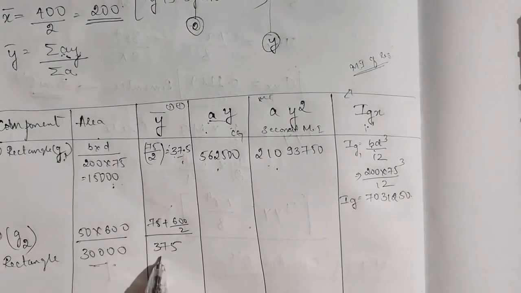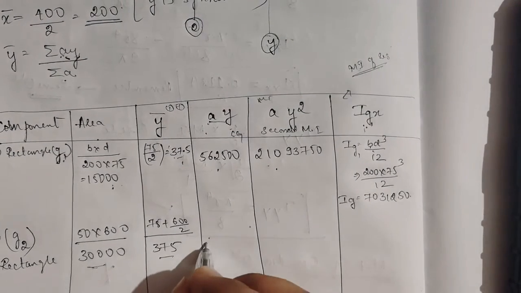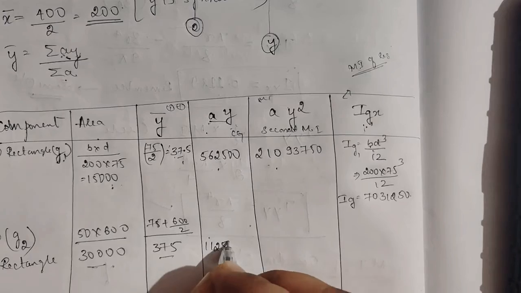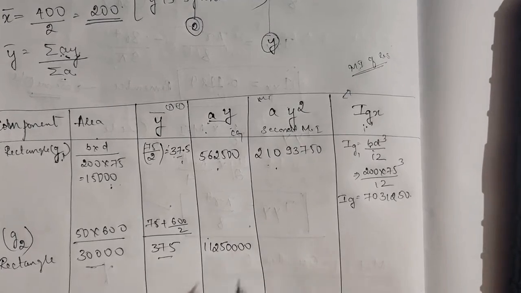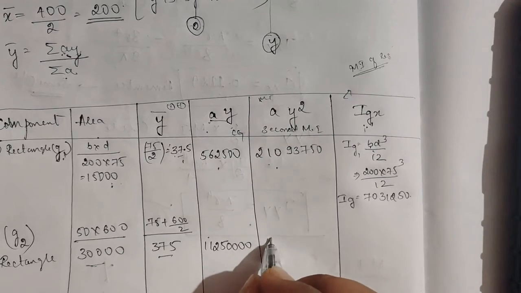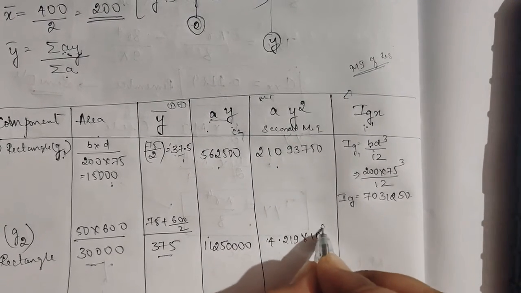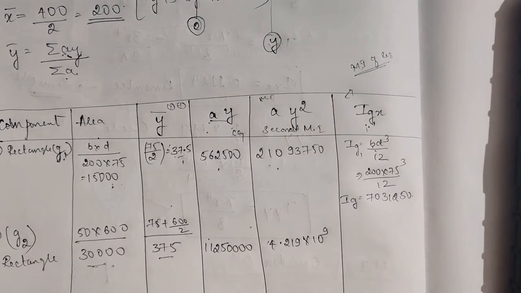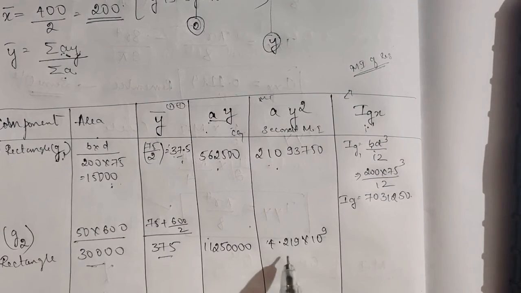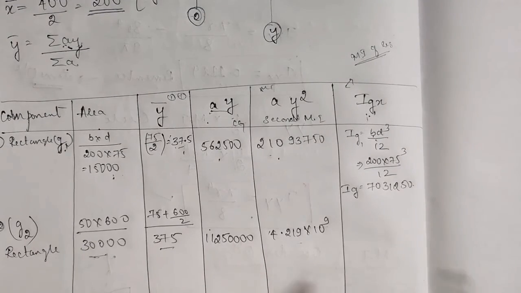So a into y is, I'll directly write 11251234. So a into y square is 4.219 into 10 power 9. So I reduce to 4.219 into 10 power 9.